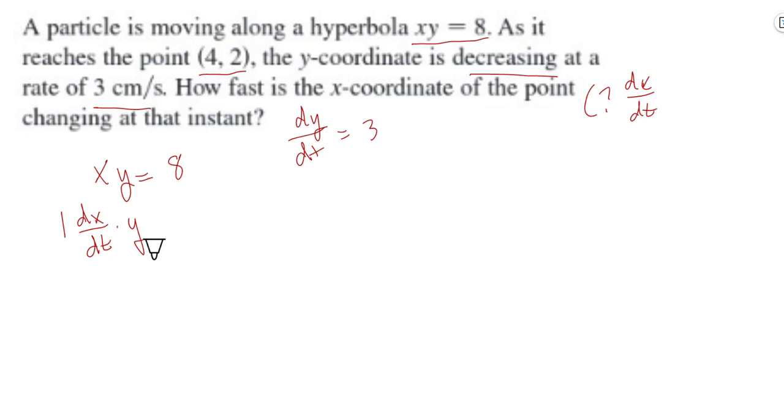Plus, then we take the derivative of y with x unchanged, so we get x, and then y, I'm going to put 1 to emphasize that I took the derivative of y, which is just 1, and then that's going to be dy/dt. And on my other side, my favorite derivative, the derivative of 8, which is a constant, is 0. Because it's not multiplied by a variable, it doesn't tag along, it's gone.